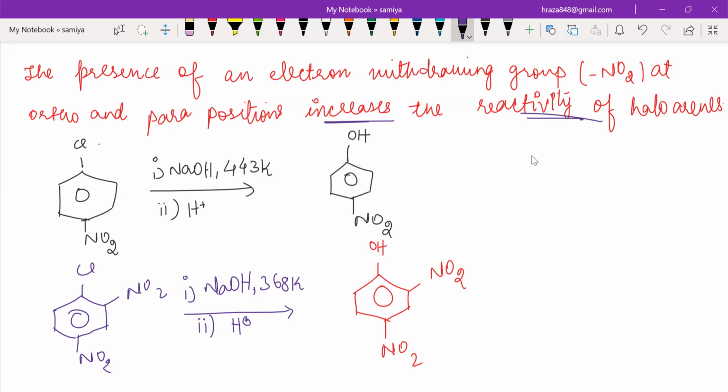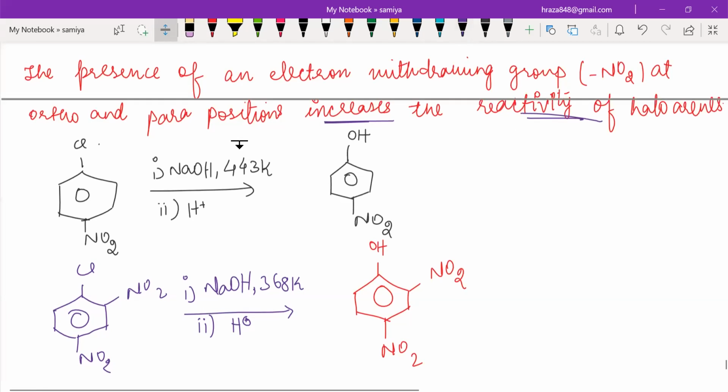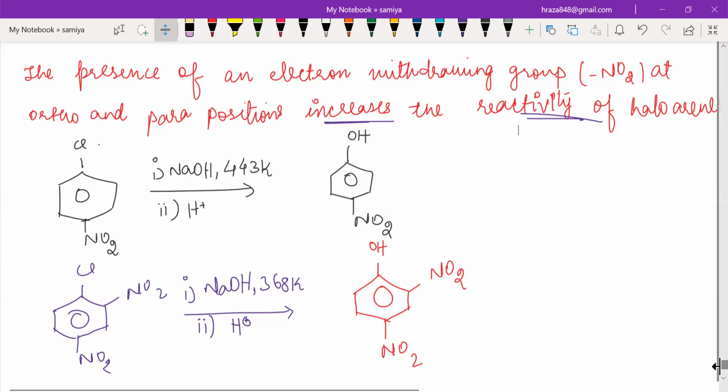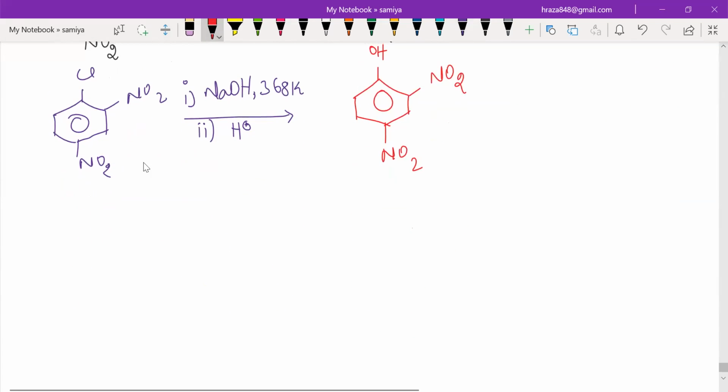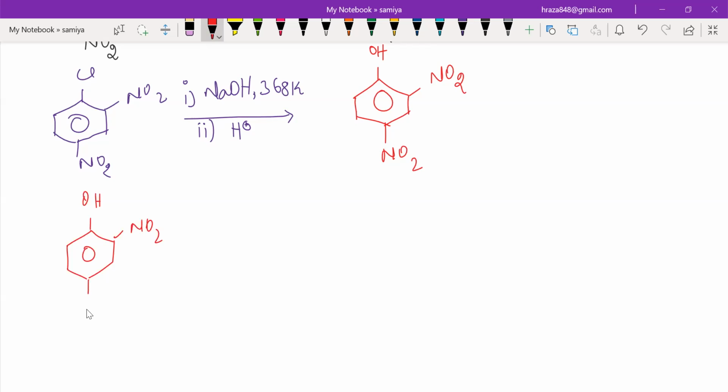Yes, Ramda. Very good. Now you can see if you added 2 NO2, this was the NaOH and 368 Kelvin. And if you add 3 NO2 to this group, like this is Cl, this is NO2, this is also NO2, now this will be very, very reactive.